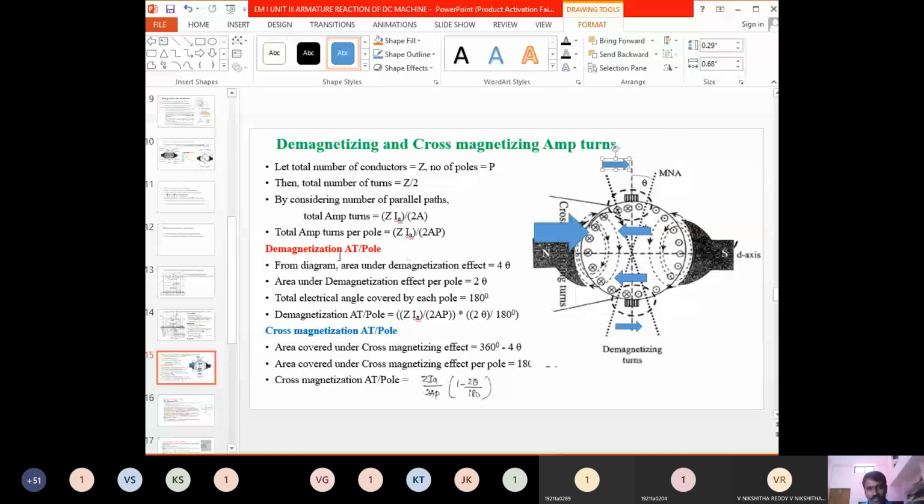If I assume one pole, the north pole, then the demagnetization effect is 2 theta, and the total electrical angle it covers is 180. So the area covered by the demagnetization divided by the total area covered by the pole: 2 theta over 180 degrees.